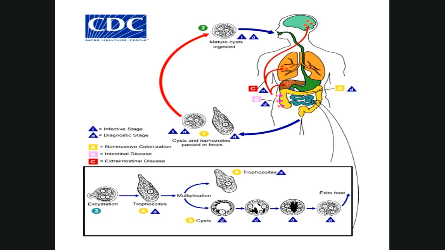Now, in a very brief way, I will show you the life cycle of the organism. The organism exists in two forms. One is the trophozoite form and the other is the cyst form. Trophozoite form is present in the tissues, and cyst is passed in the feces, and this cyst is capable of surviving in the environment, and it can be transmitted from the environment back into the human being through water and through food.